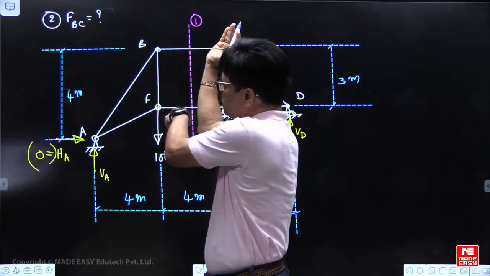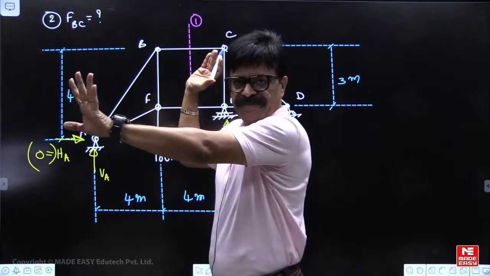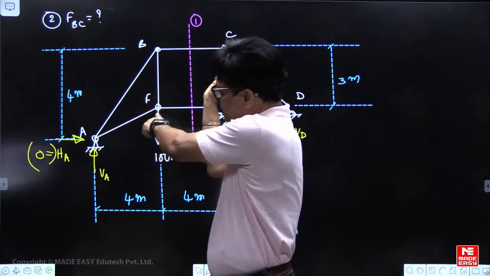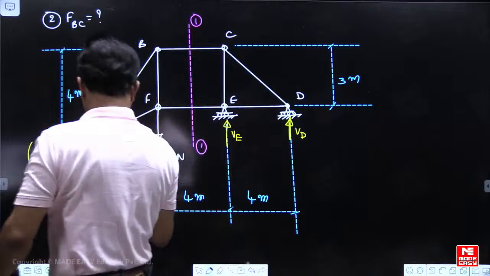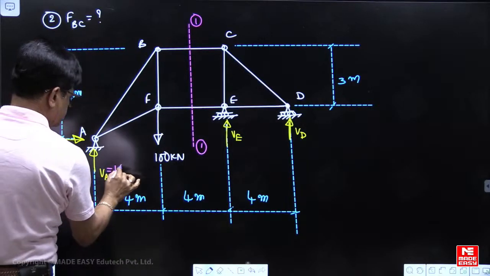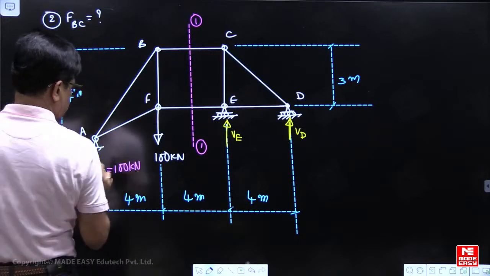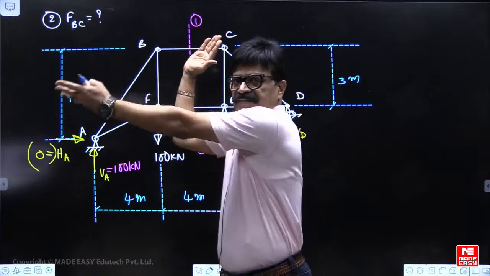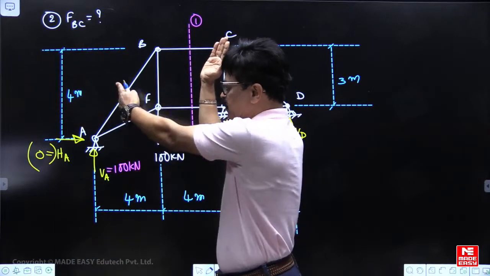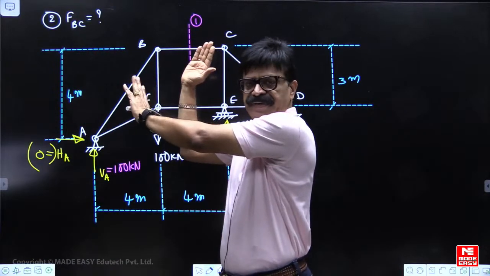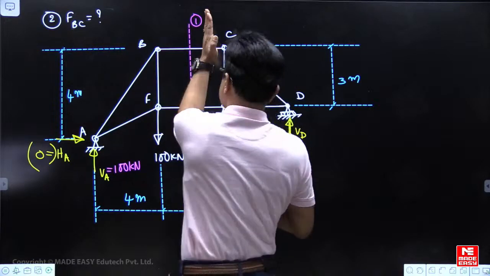See here, these two forces will not give any vertical component. So 100 down. To balance it, VA must be 100 up. So only on the LHS we are seeing 100 down, 100 up. So sigma y equals 0 is satisfied. Now see the right side.